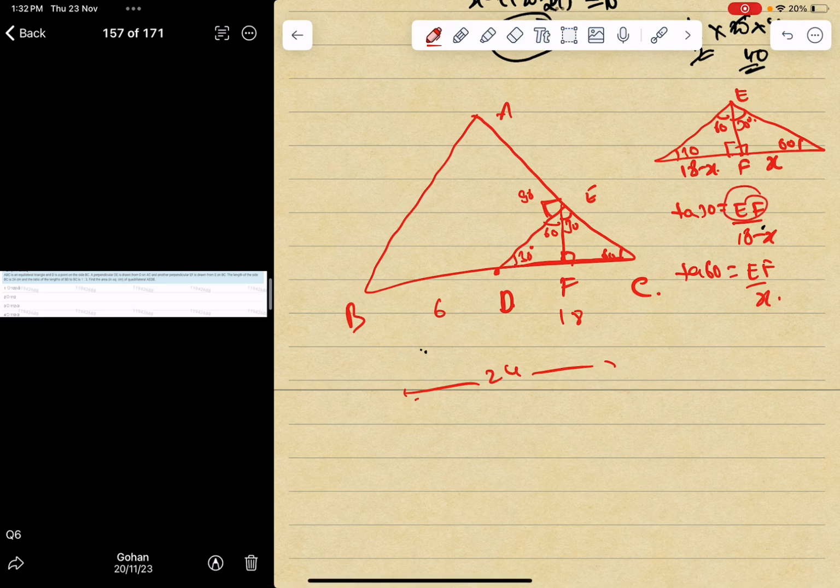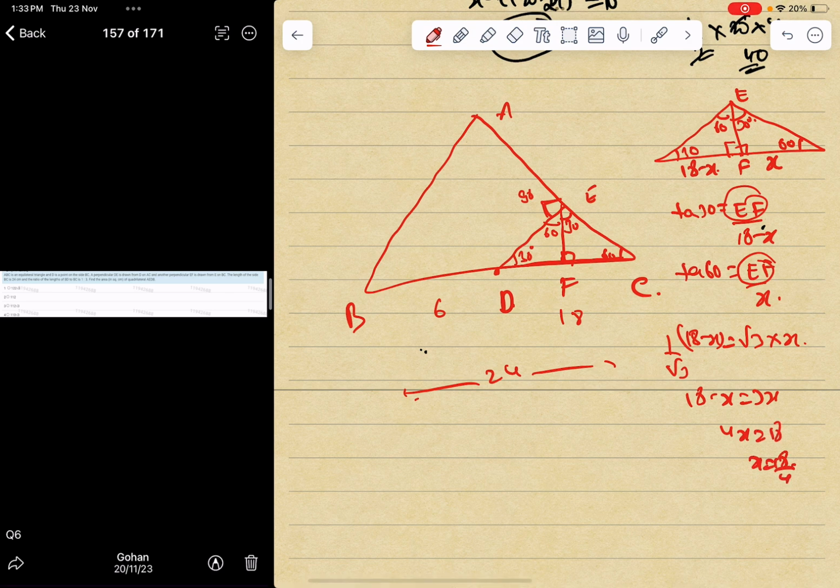So we can equate EF from both. EF is 1 upon root 3 times 18 minus x, and tan 60 gives root 3 times x. So 18 minus x equals 3x, 4x equals 18, x equals 18 by 4, which is 4.5. Nothing is left in this question now.